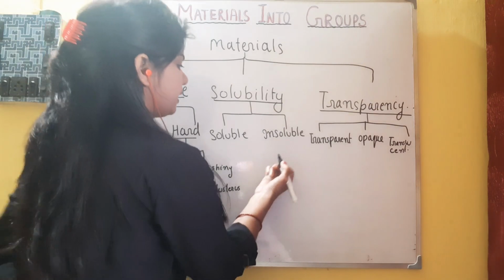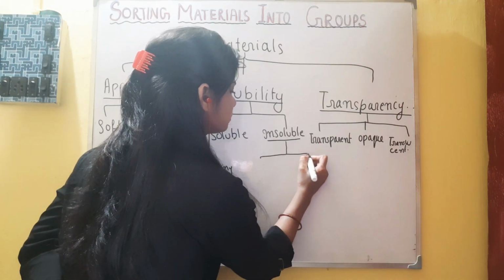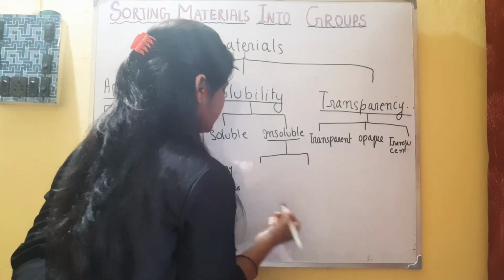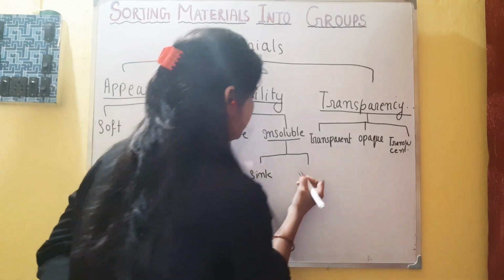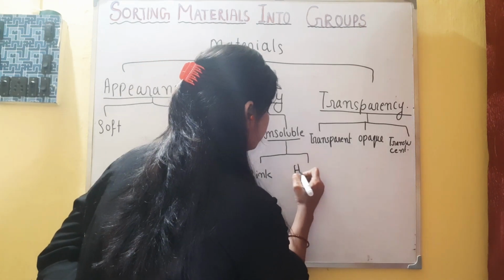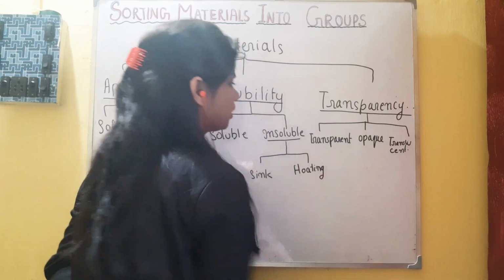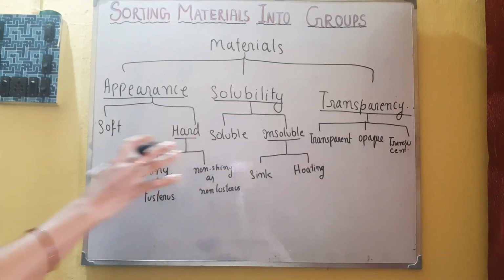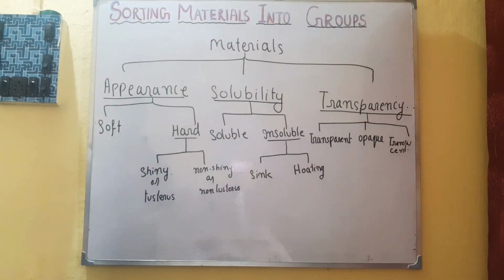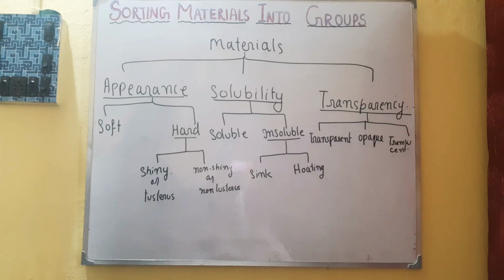And insoluble materials are also divided into two groups, like sinking and floating materials. So basically these are the things we are going to study in this chapter. We will study them one by one. So let's start with appearance.